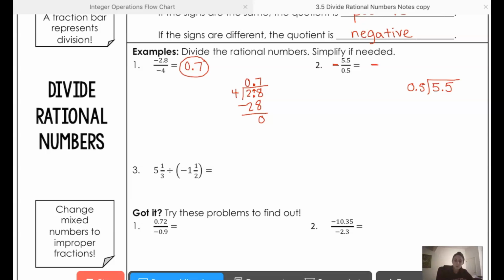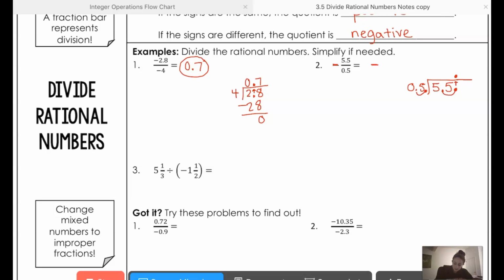I have a decimal on the outside, so I need to move it to the right until I have a whole number. And since I moved it to the right once on the outside number, I'm going to move it to the right once on the inside number. So in my quotient, my decimal will go right there. I just bring it up after that.